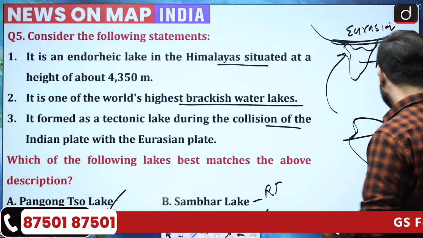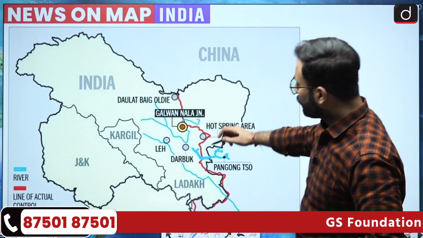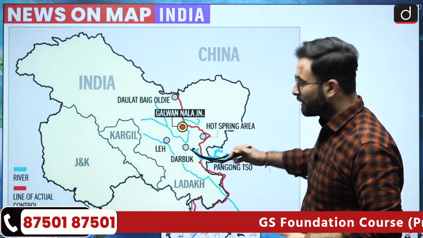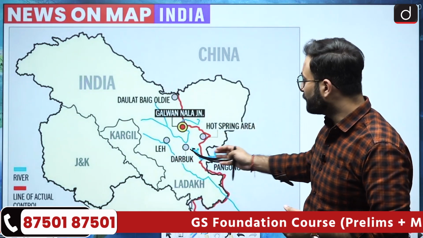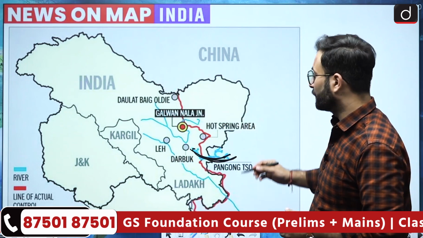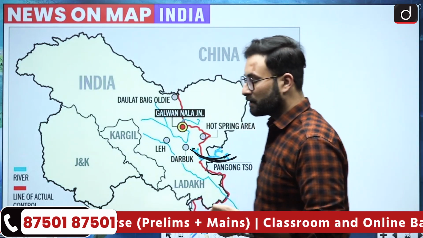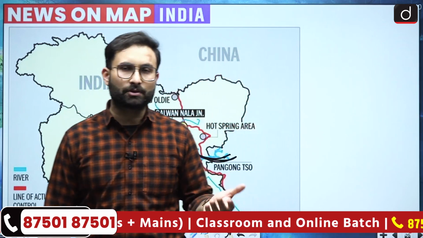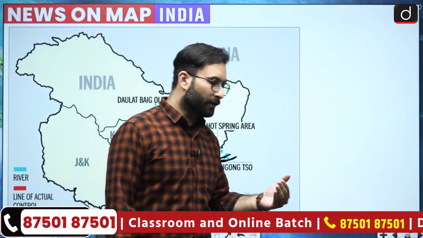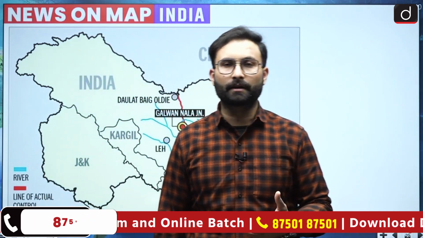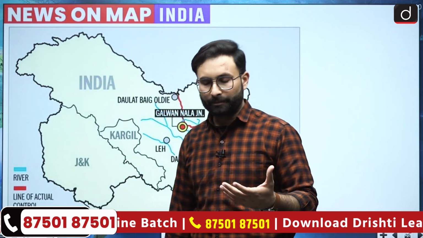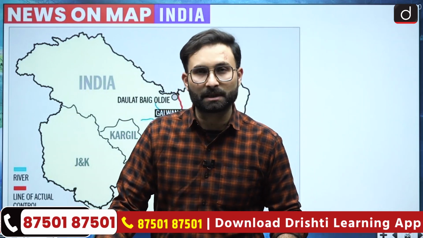Okay, so that is there. Here you can see the location of Pangong Tso Lake. Some part of it is in India and some part is in China or Tibet. Recently it has been in the news because on the Pangong Tso Lake a statue was raised by a battalion of the army, the Maratha Infantry, who built a statue of Chhatrapati Shivaji Maharaj.